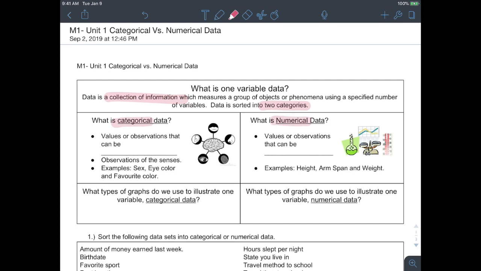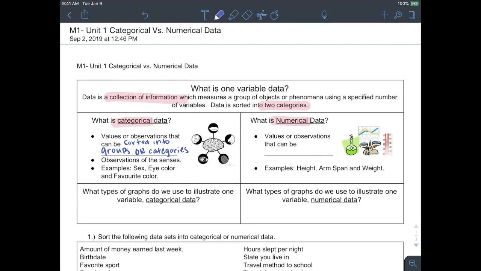So first off, categorical data is basically a list of information that can be sorted into groups or categories. Okay. So generally you can think like if it's an observation of the senses. So you have to think about what kind of questions they're asking you.